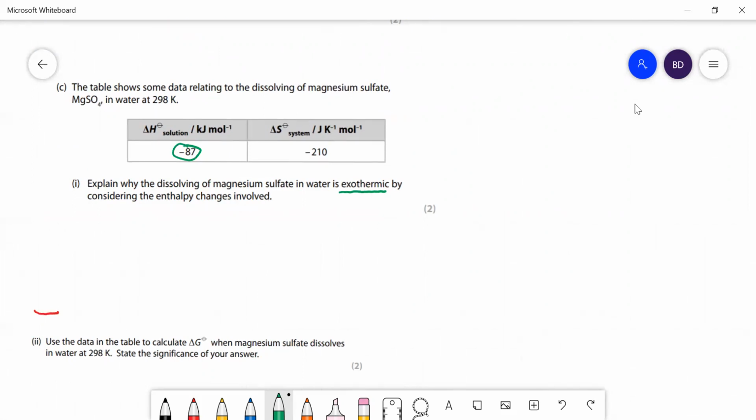I think what they want you to say is, when you dissolve magnesium sulfate, you've got to break up the lattice to form magnesium ions and sulfate ions.